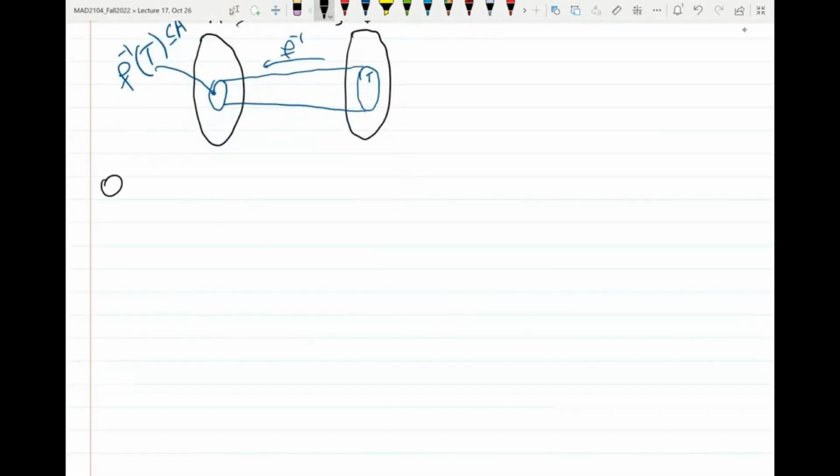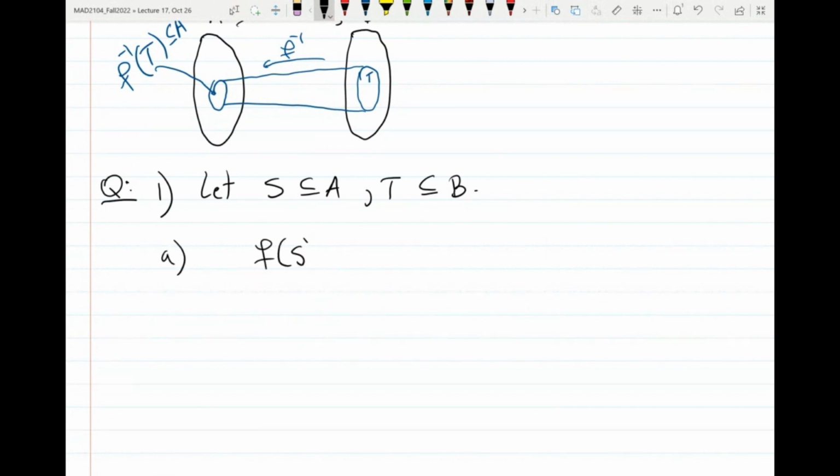So some questions now arise. Number one, suppose S is a subset of A, T is a subset of B. First, I want to know if I do this, and then this, what do I get? Let me put a box here. How does this compare with S itself?